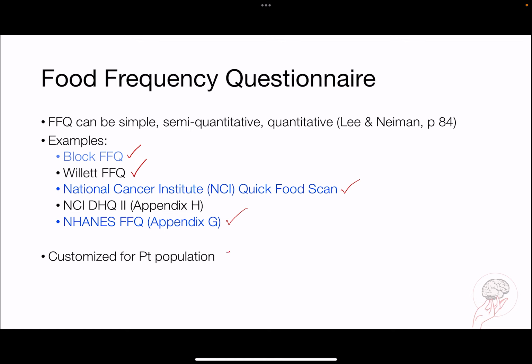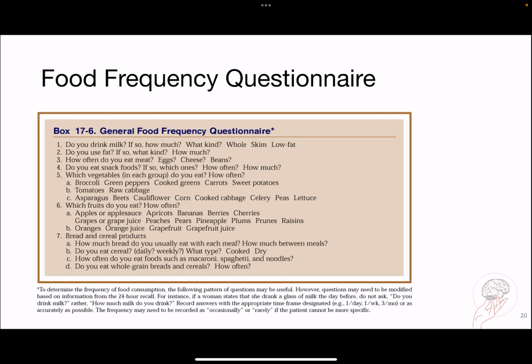They can also be customized for the population of interest. So this would be a very general food frequency questionnaire. Do you drink milk? If so, how much? Do you use fat? If so, how much? You can see how these are very broad questions. And a lot of people, even with similar diets, may answer them differently.